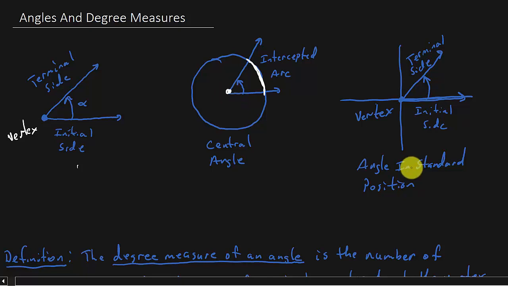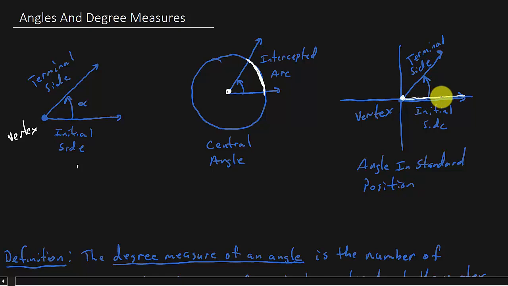And then we have an angle in standard position. You'll probably see this a lot in trig. If you have an XY coordinate system here, you've got the initial side right here that goes along the positive x-axis, okay? First off, the vertex is at the origin.